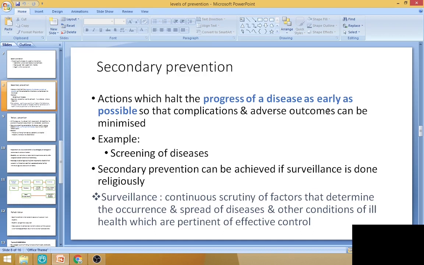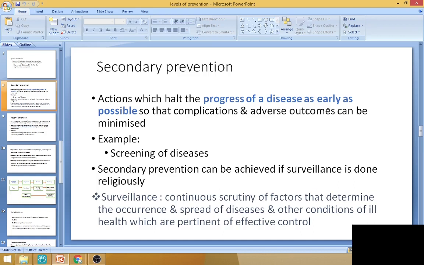Thereby we prevent the progression of the disease, because complications of hypertension, such as stroke, cardiovascular accidents which come under stroke, and cardiovascular diseases, can happen. If you make the person aware at an early stage and they take their medication properly, they can keep their BP under control, and further complications or adverse outcomes can be prevented.